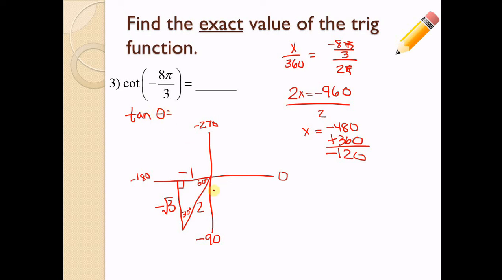How about that? So the tangent would be my opposite over my adjacent, negative square root of 3 over negative 1, which is just the square root of 3, right? Well, cotangent, that's that flipped. So 1 over square root of 3, which, fixing the denominator, square root of 3 over 3 would be my final answer for that one.